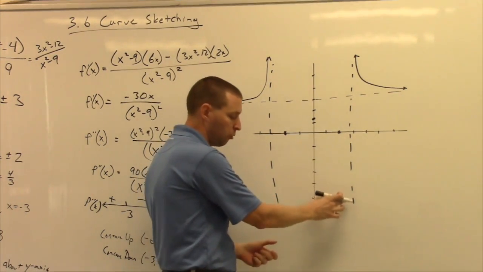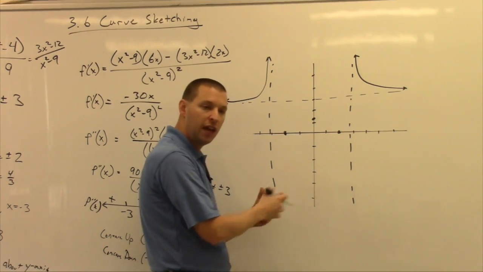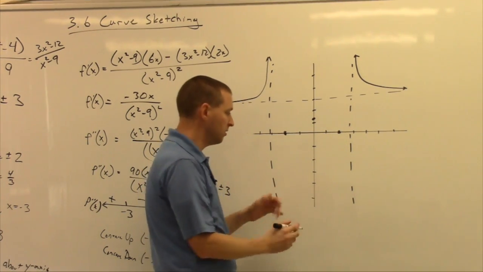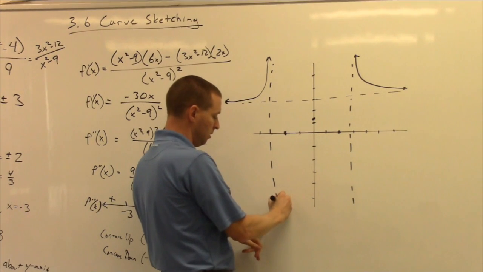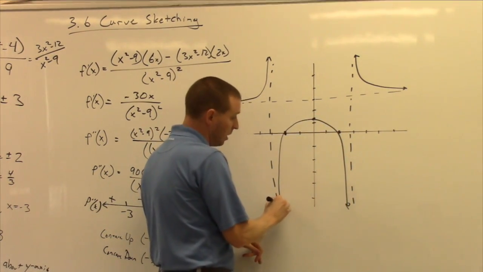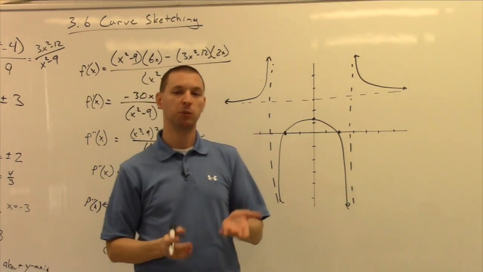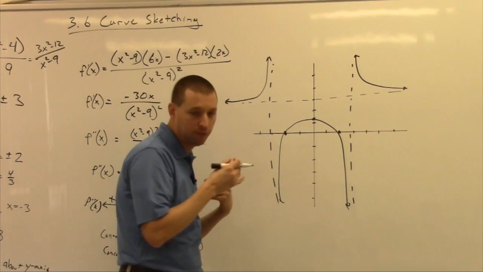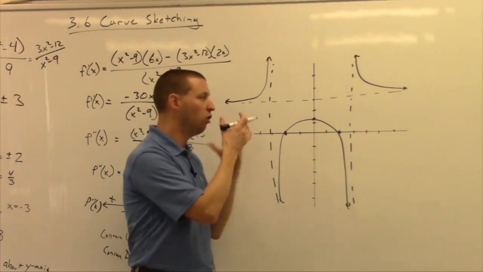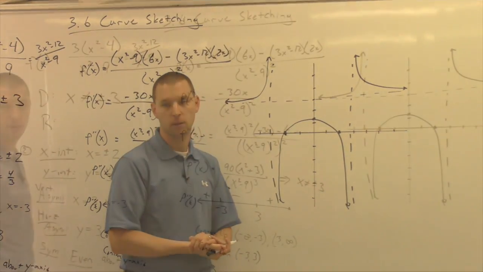And then from 0 to 3, my function was decreasing. And it is concave down on that entire interval, so frowny face. So let's see here. That means frowny face. And I have my function graphed as accurately as I possibly can do it without plotting an infinite number of points and using all of the information from calculus to help me do this problem.